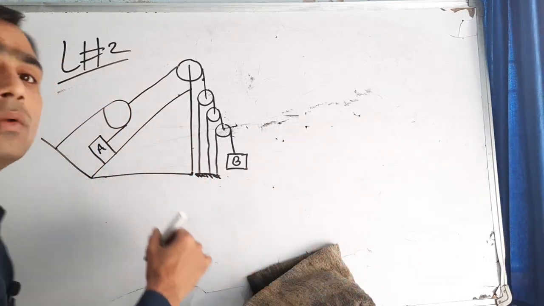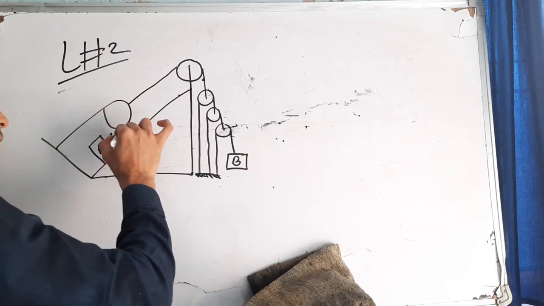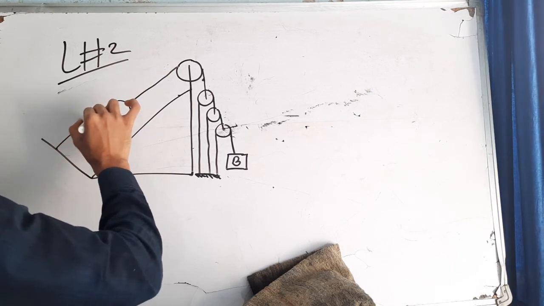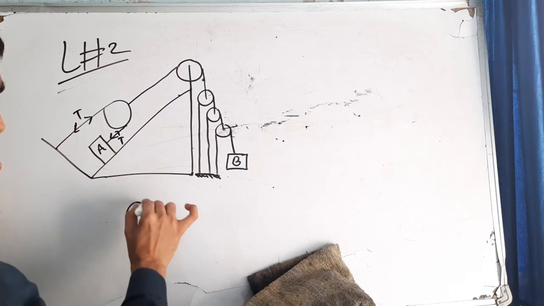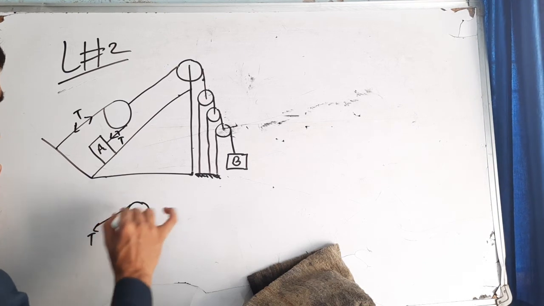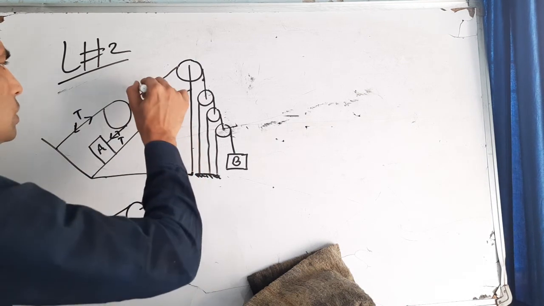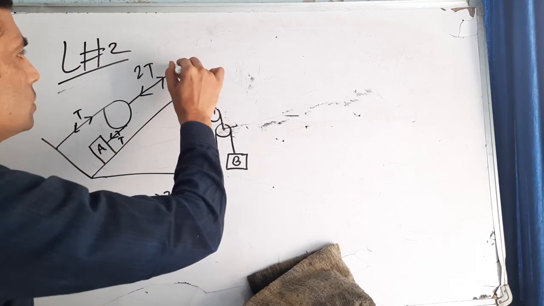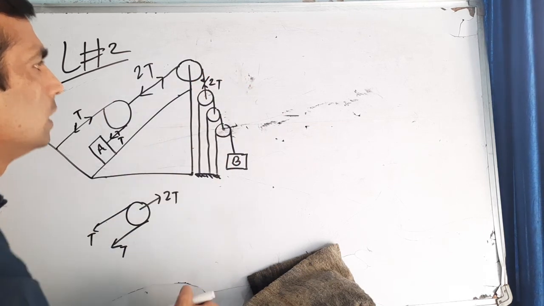So step number one is what? Mark tension, right? So I'm going to tell you this is tension T, this is the common string, so students, you can say this is T, and this is T. By the condition, you can see students, this is T, this is T, you can say 2T, right? This is 2T, so we can say this is 2T. So this is the common string, students, you can tell this remains 2T.